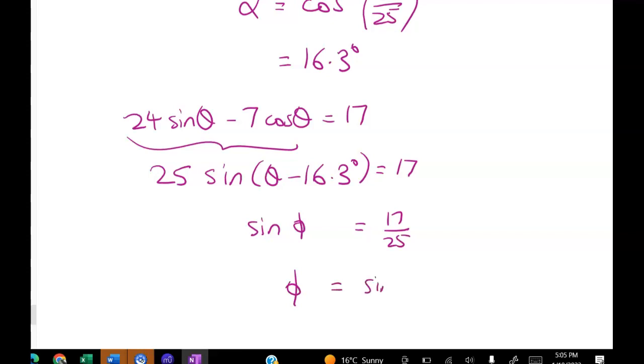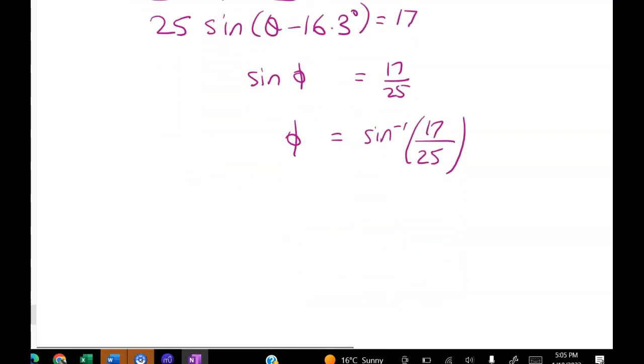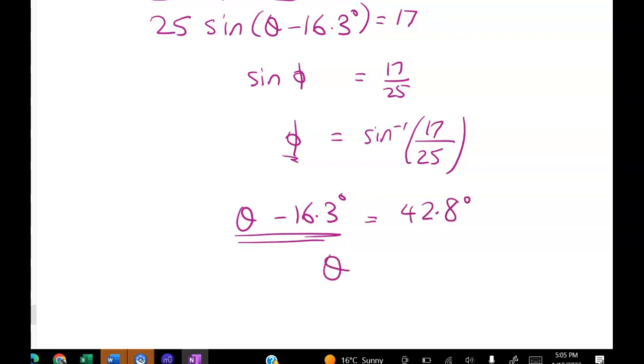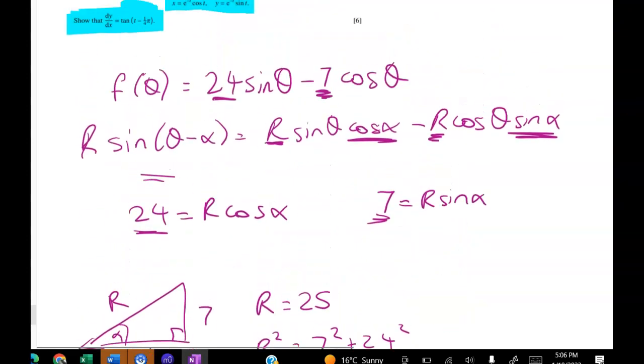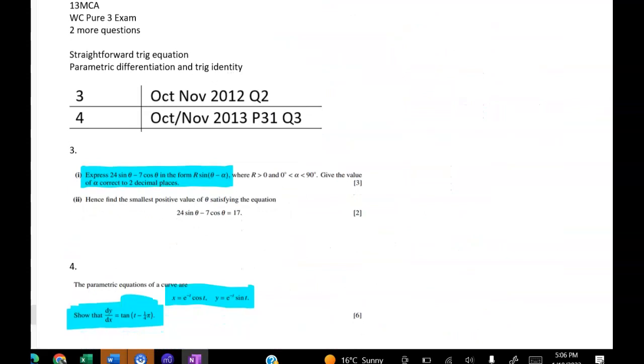Phi is equal to the angle whose sine is 0.68. Replacing this back, I get 42.8 degrees here, giving me theta is equal to 59.1 degrees, to 3 significant figures. Okay, so that's the first bit. Now, I reckon that's probably the easiest 5 marks in that paper.